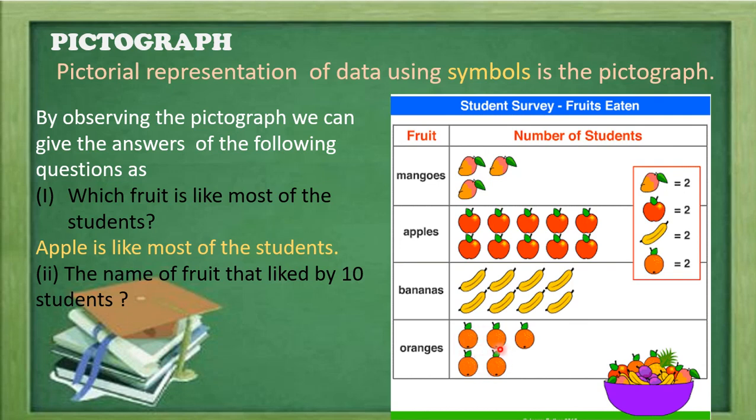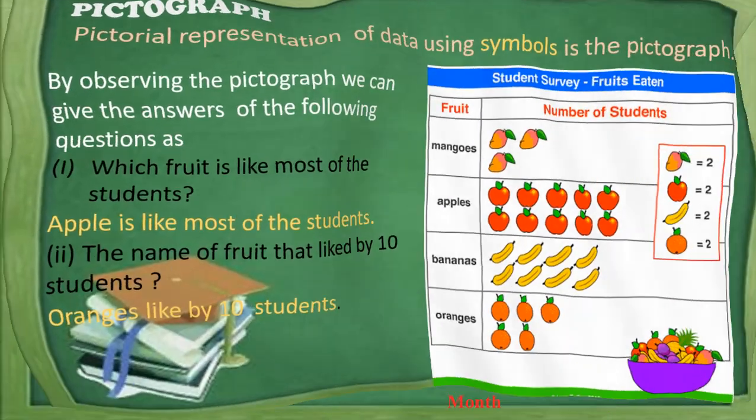So 5 into 2. Each orange represents 2 students. So 5 2s are 10. So we can say the fruit that is liked by 10 students is oranges. Like this, by observing the pictograph, easily we can give the information about the particular data.